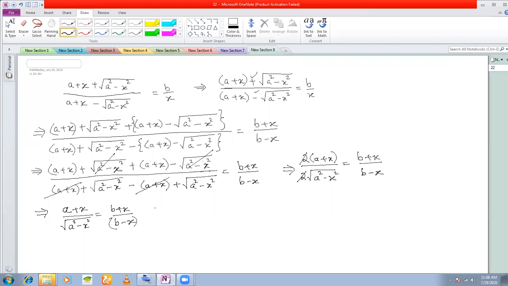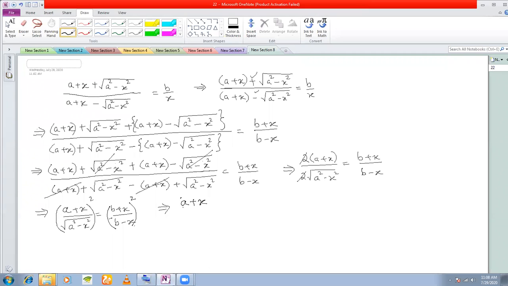Now there's a radical here. So what I do is I square both sides in order to remove the radical.